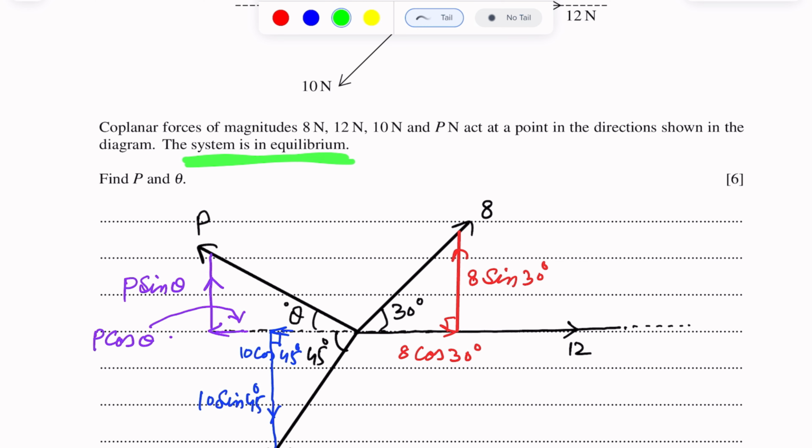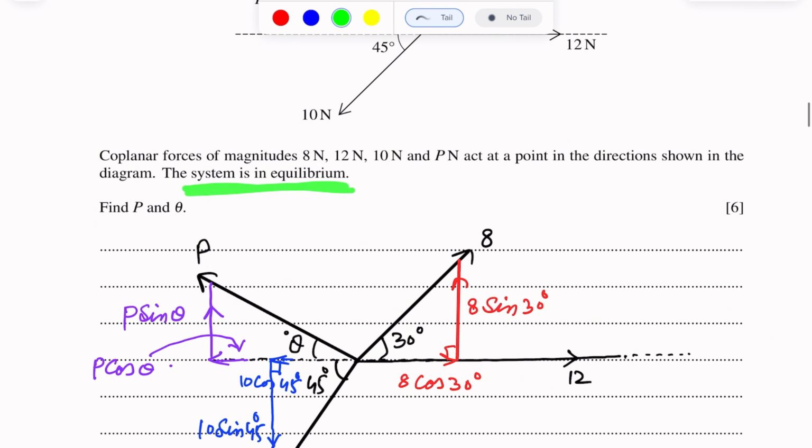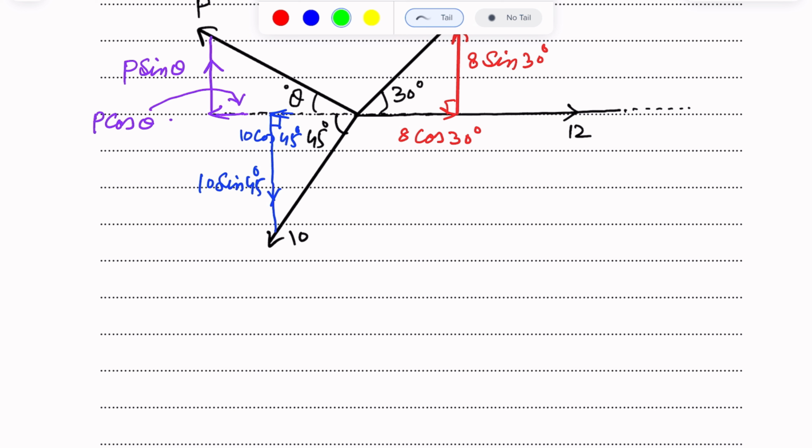Now we use the concept of equilibrium. Since the system is in equilibrium, for equilibrium, sum of horizontal forces is 0 and sum of vertical forces is also 0.